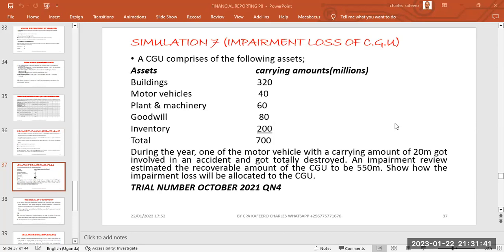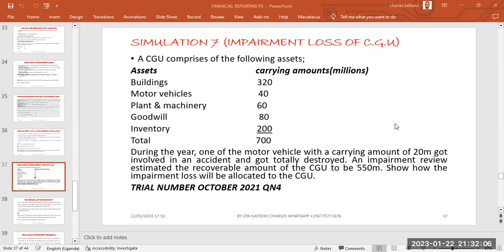And you will also be needed to calculate the total, if at all it's not given, you calculate the total carrying amount of the cash generating unit. You compare that and you'll be able to see whether the asset is impaired or not. Because we said an asset is impaired when its carrying amount is higher than the recoverable amount.